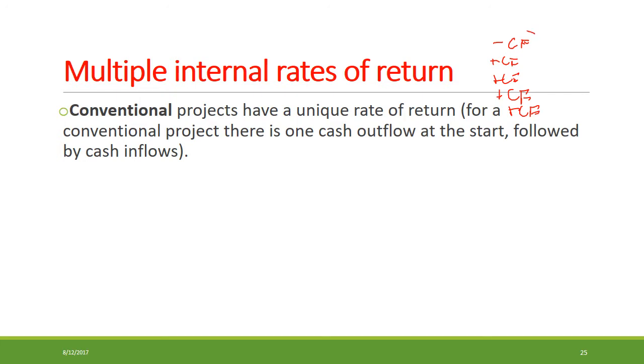We invest at the start, and in the future we expect to make profits, making positive cash flows. So with this conventional project, it's likely that we only get one IRR.